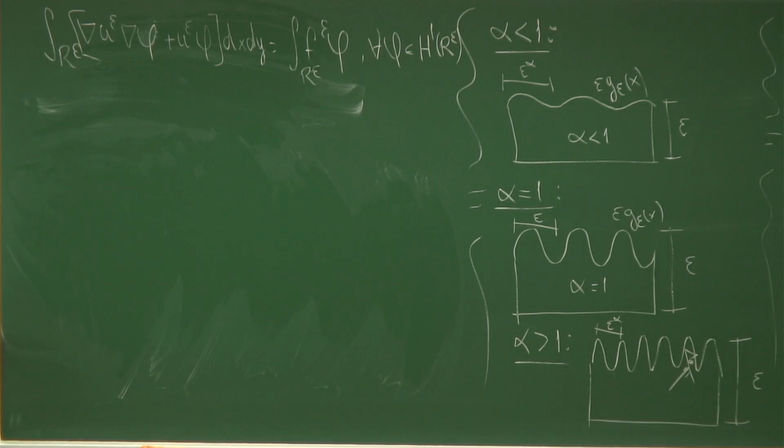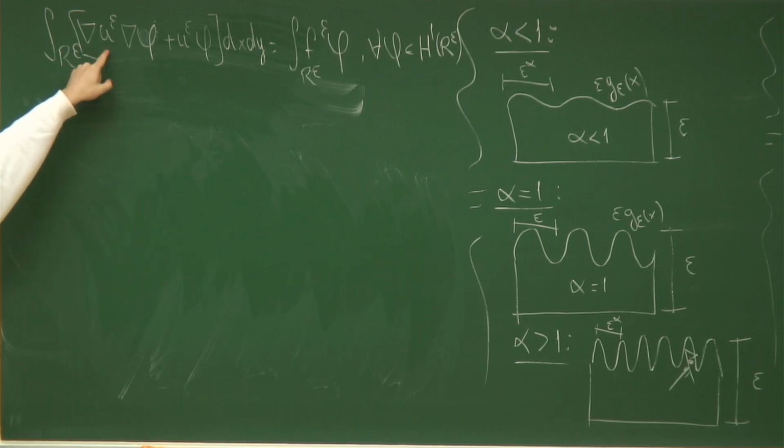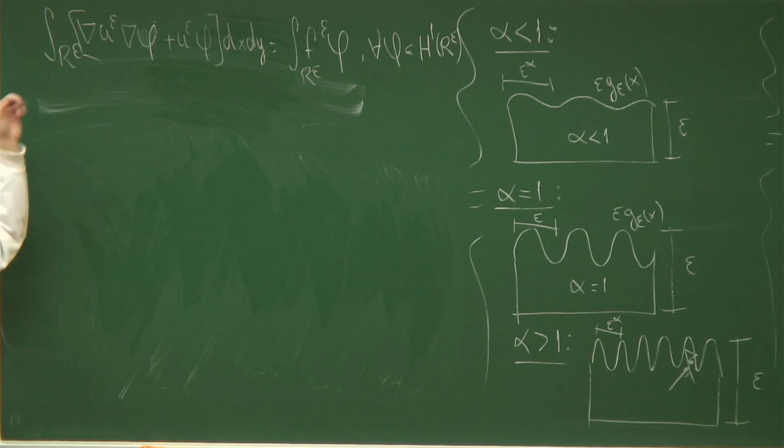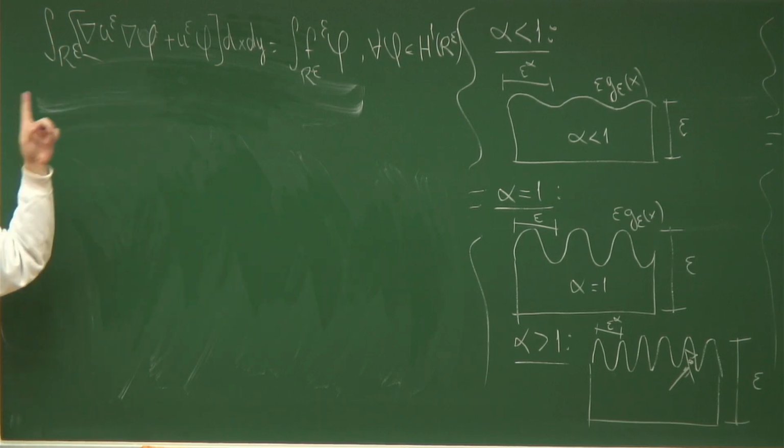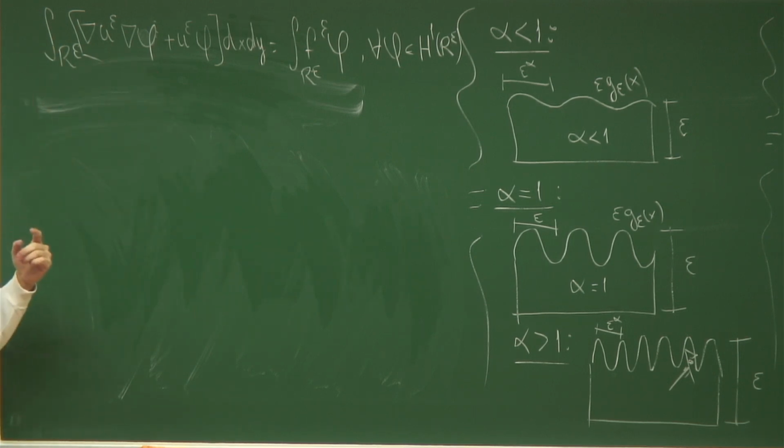But we have some problems in this formulation. First, you have two things varying: the domain and the solution. We can't pass to the limit in this kind of situation. So, what has usually been done for more than 30, 40 years?